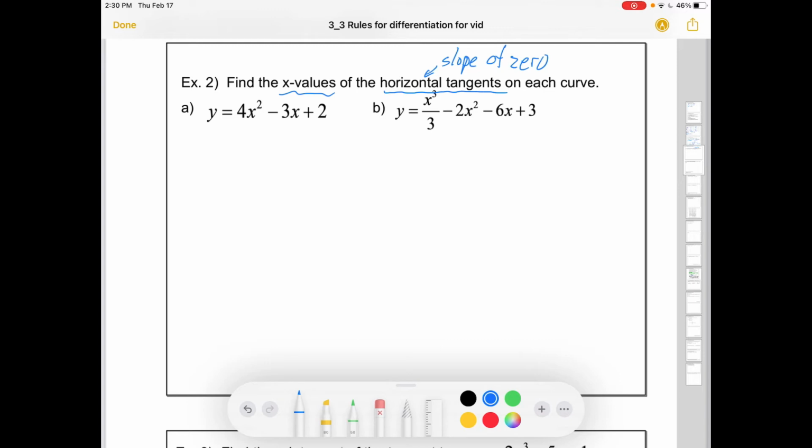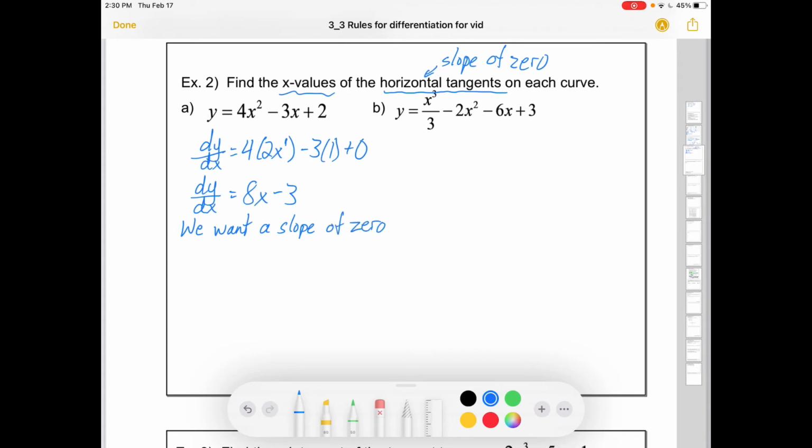So let's differentiate. I can say y prime, or what did I say, dy by dx here, just to be nice. 4 stays. This turns into 2x to the 1. Minus 3 stays. It's a coefficient. Times derivative of x is 1. Plus 0. And we end up with this. This is the slope anywhere. We want a slope of 0.